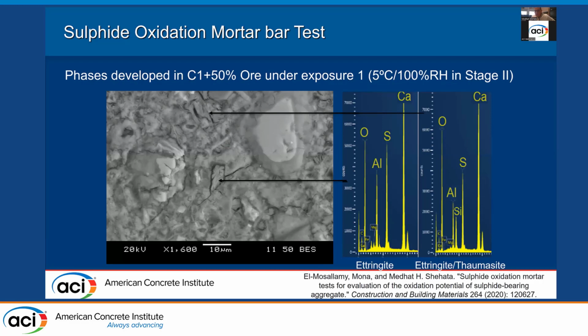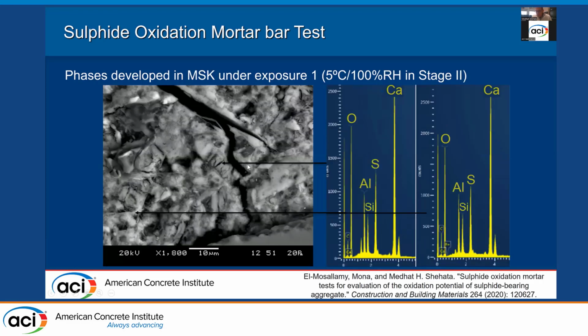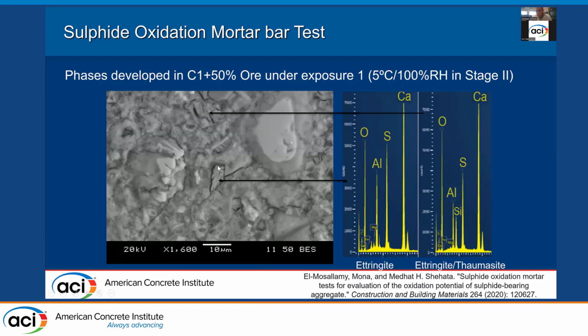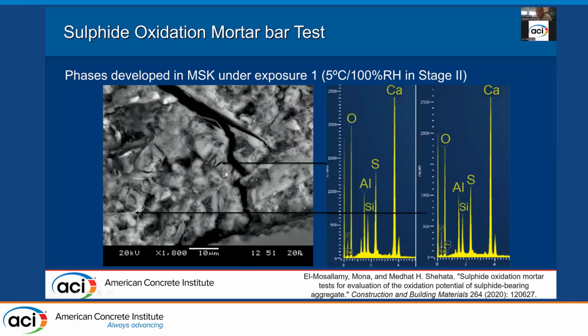We did some SEM, and we found that the mechanism of damage is really sulfate attack. We were able to see either ettringite, as you can see, or solid solution of ettringite and thaumasite. Same thing, we were able to see it with the Maskimo aggregate. So the previous one with the blend of limestone and ore, here with Maskimo, and we were able to confirm that the expansion is really due to sulfate attack.